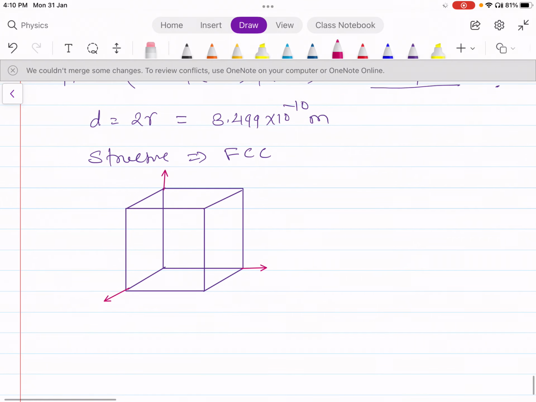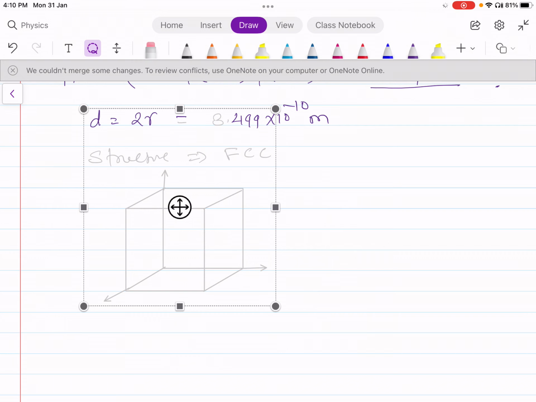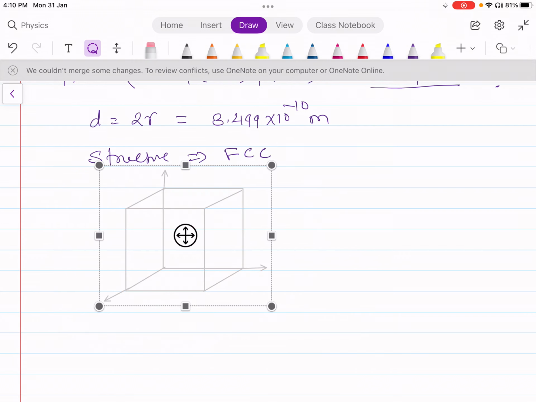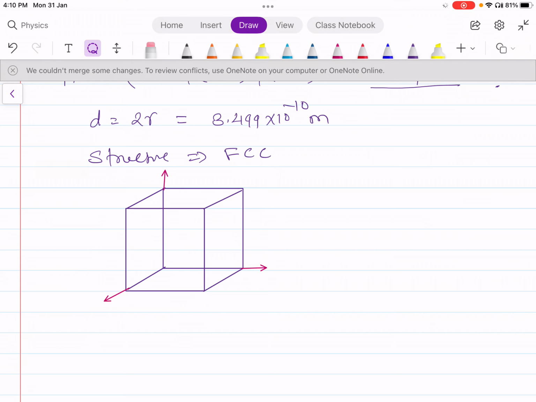I am going to need this, so I am going to copy this. So here this is FCC. FCC means there are 8 corners and 6 face center atoms, and for this I have to consider the 100 plane.